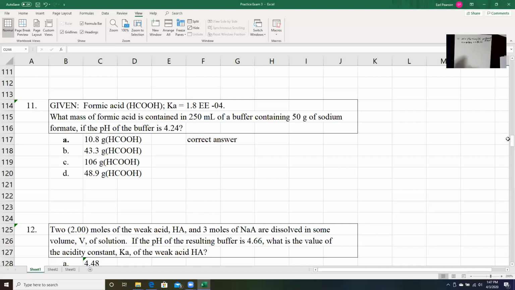Okay, so there we go. I'm going to write 4.24 plus the log of 1.8 times 10 to the minus 4. Is that correct? Yes.